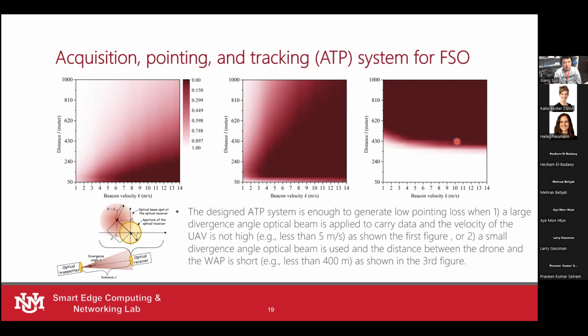In this diagram, we can see that the pointing loss is really negligible. So whether the designed ATP system is enough really depends first on the distance between the drone and the micro base station, second, the velocity of the UAV, and third, the divergence angle of the optical beam.